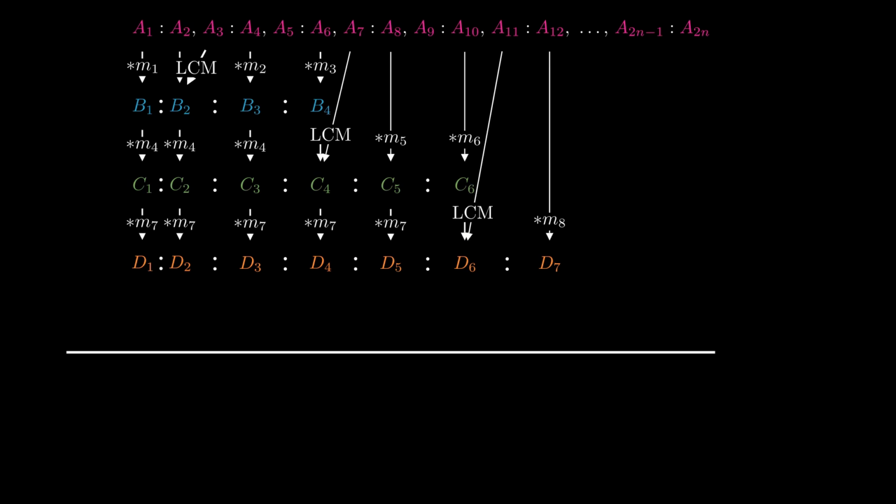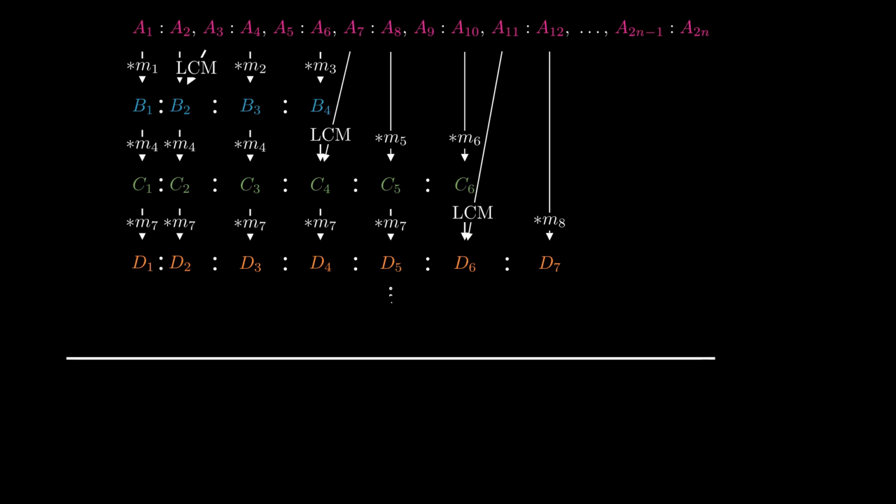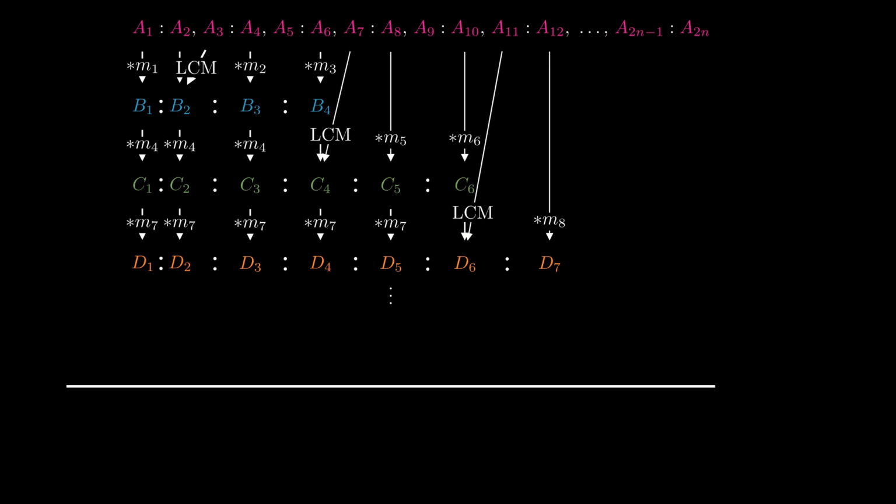Now that we have the whole process down, let's assume that we've done all of this and eventually found the full continued proportion built from the given ratios, say e1 to e2, and so forth to en plus 1. We now need to prove that this continued proportion is in least numbers.